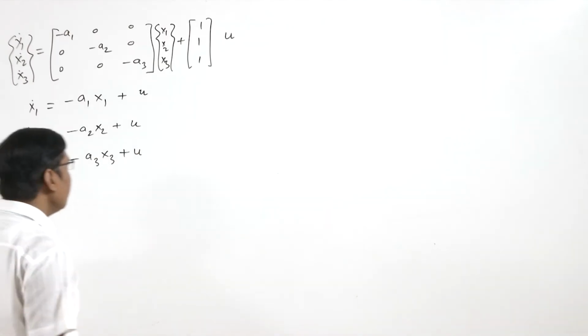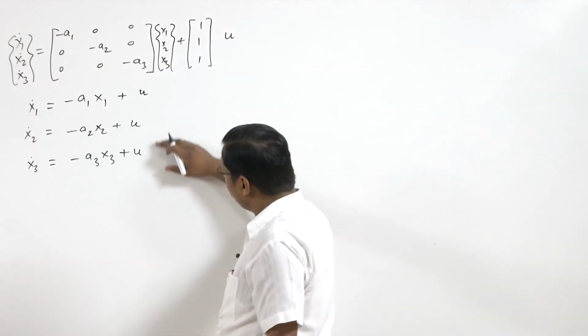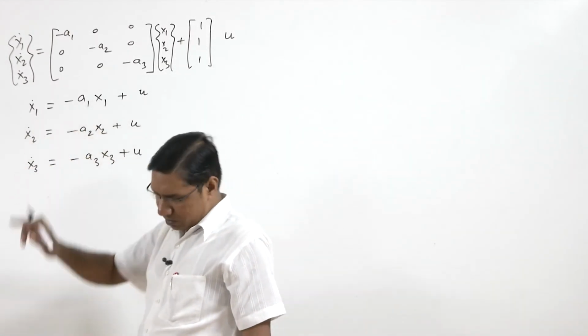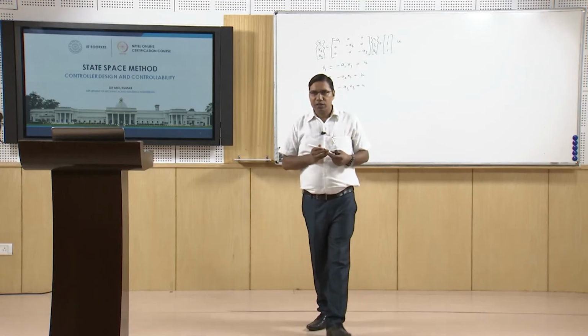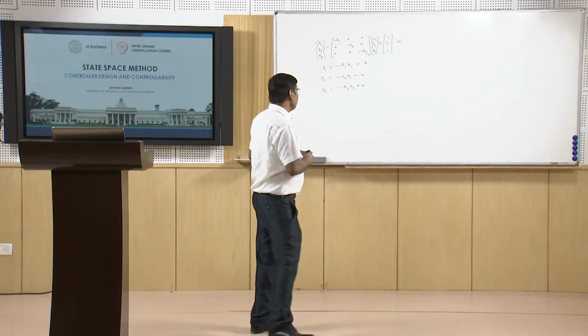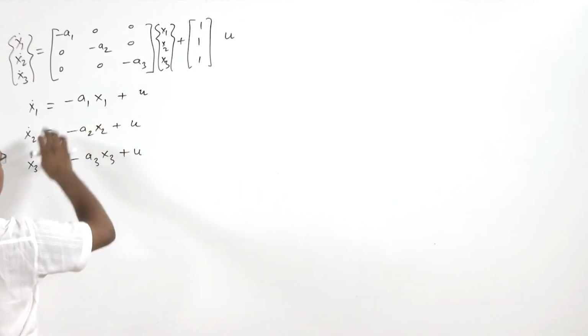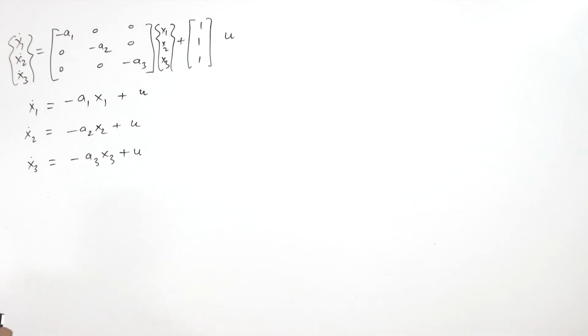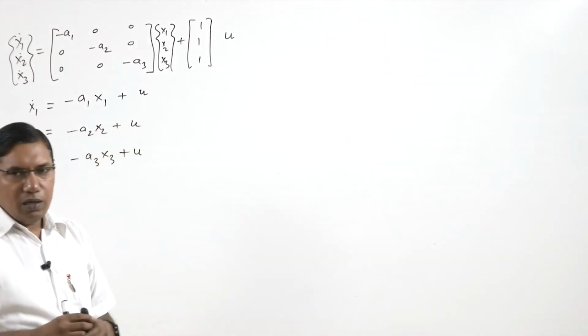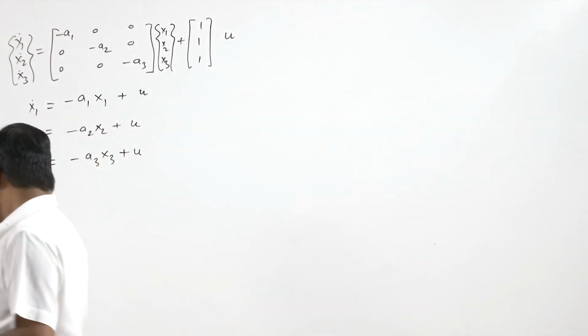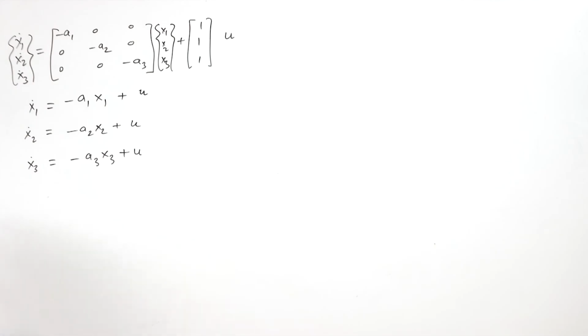So we see that each state variable is affected by the input because they are functions of u. So we can say that the system is controllable because each state variable is affected by the input u.